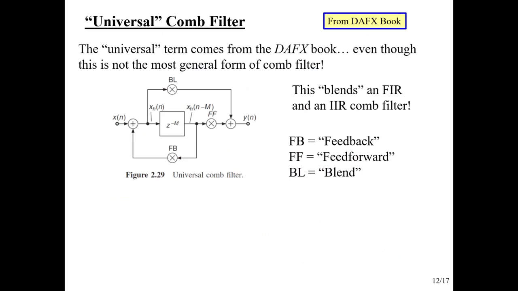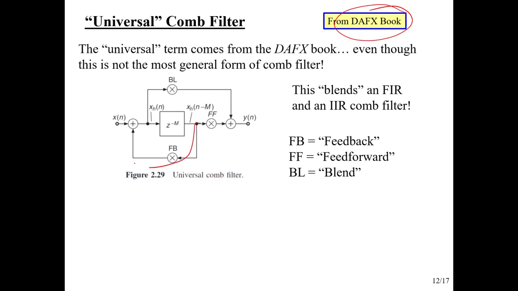Okay. And then in the DAFX book, they introduced something called the universal comb filter. And I put that in quotes. They didn't put that in quotes. I put it in quotes because this is really not the most general form of a comb filter. We'll look at that starting on the next slide, I believe. But they call it universal because it blends these two forms together.